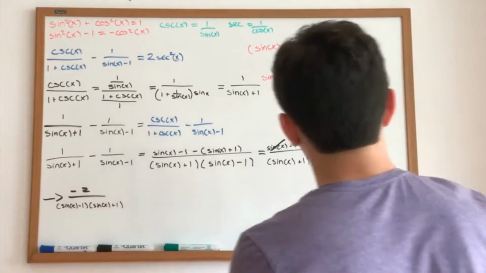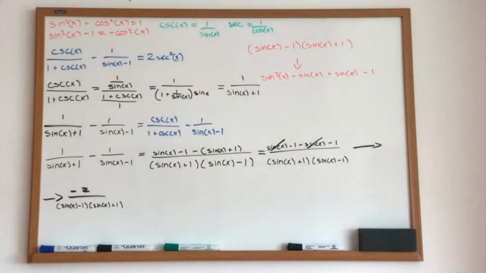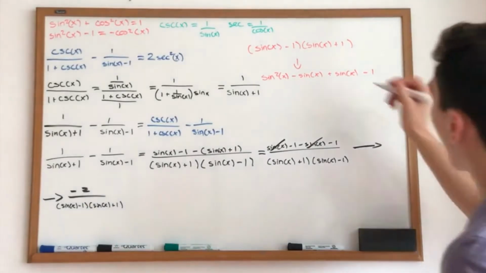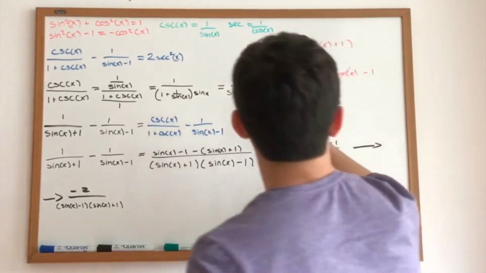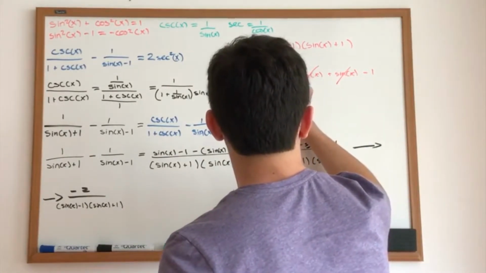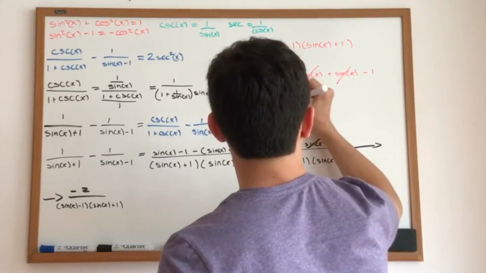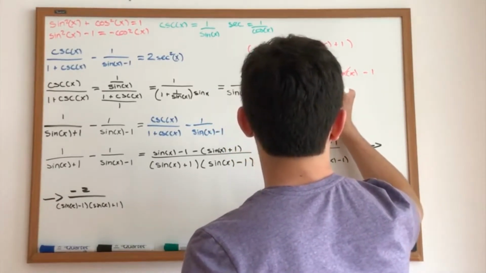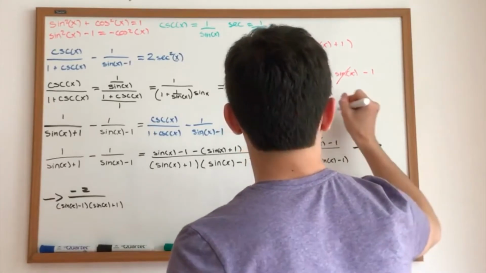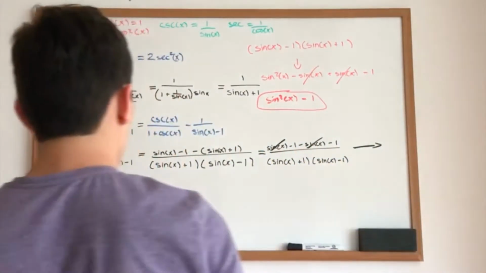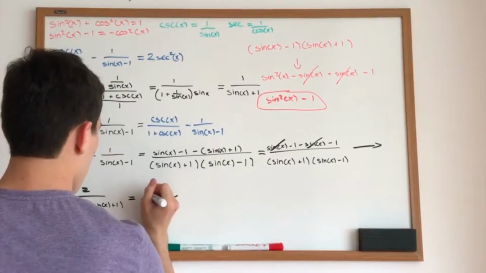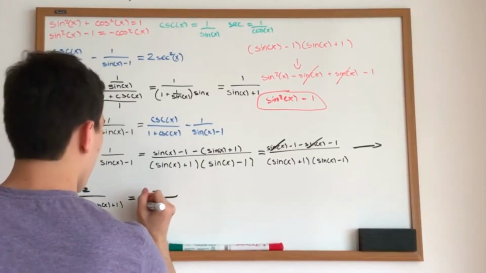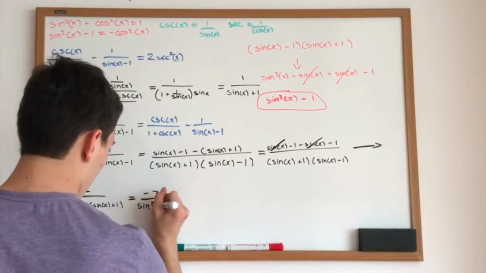We cancel out both signs, we get that the result is sine square of x minus 1. When we get this, the new operation would be minus 2 over sine square of x minus 1.